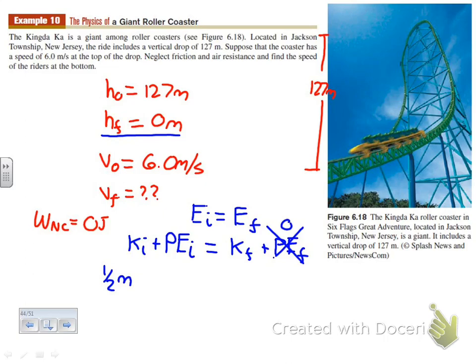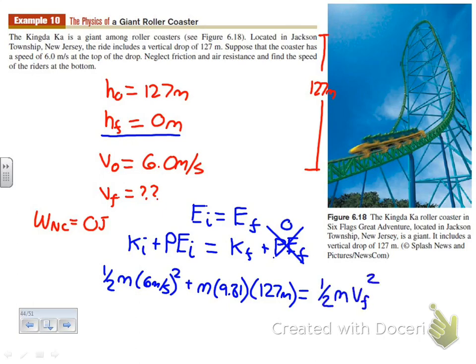1/2 mass times the initial velocity, which they said was 6 meters per second, squared, plus the mass times 9.81 times the height, which at the beginning, the initial height, was 127 meters, is equal to 1/2 m v final squared. So just like before, we can cancel out the masses.